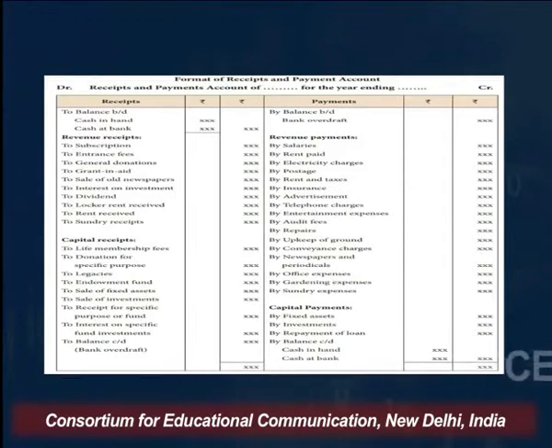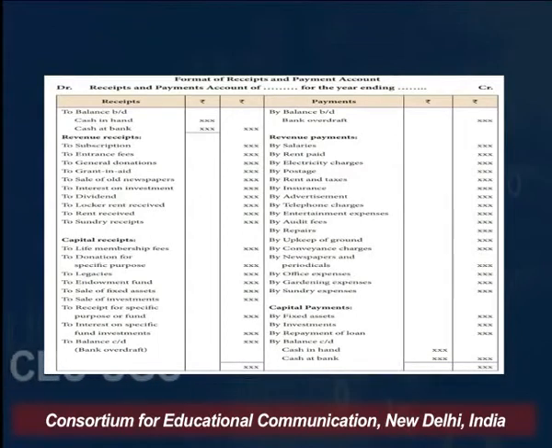Then in the revenue receipts, the most important receipt for any not-for-profit organization is subscription. So we write subscription. The amount of the subscription received, whether belonging to this year, previous year or subsequent year, would be written in the outer column value. The next item is entrance fees. All the entrance fees received during the year would be written here.